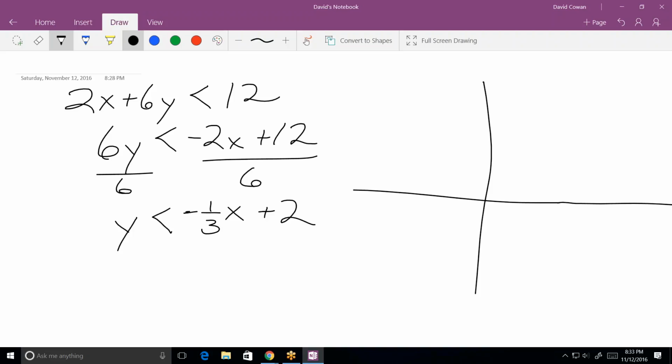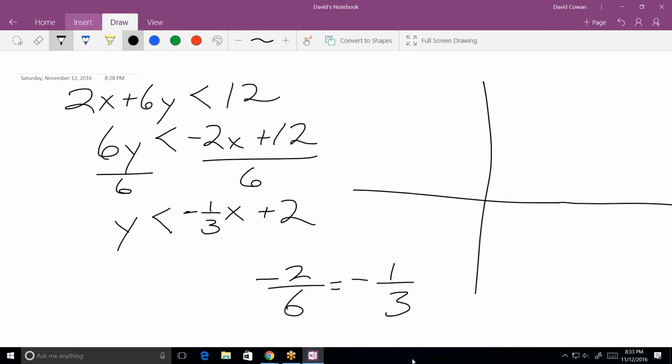How did you get the 1/3? I divided negative 2 by 6, which is negative 1/3. In other words, if you have negative 2 divided by 6, I can divide top and bottom by 2, which gives me negative 1/3.